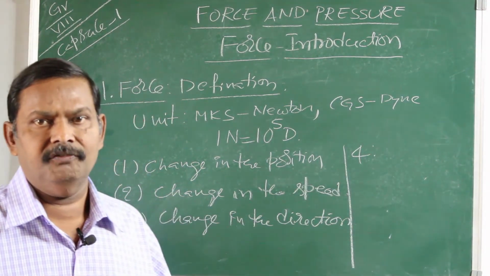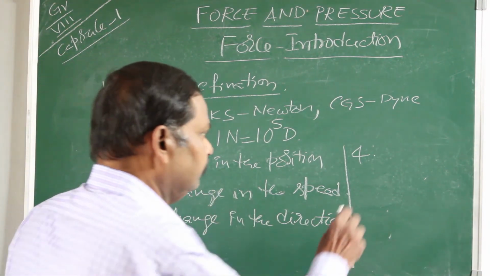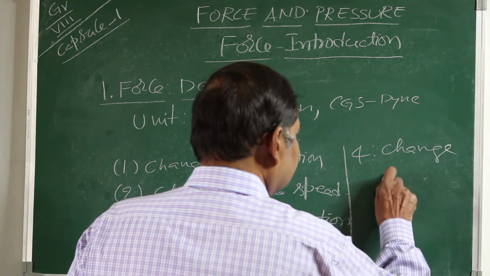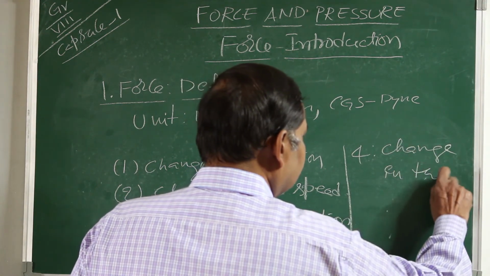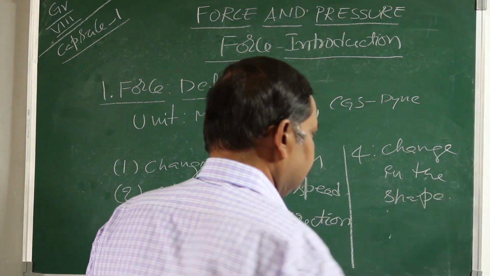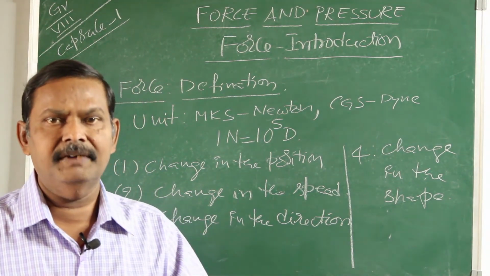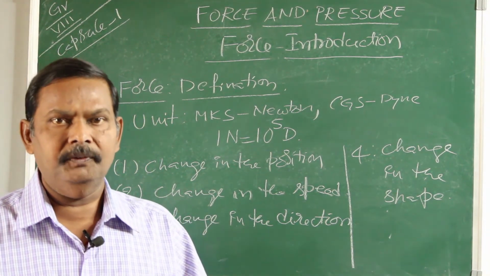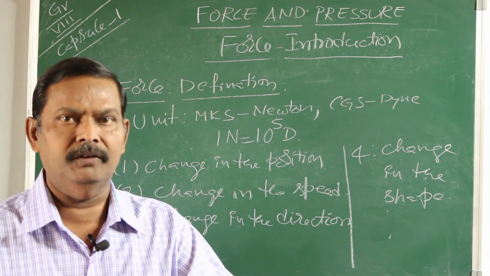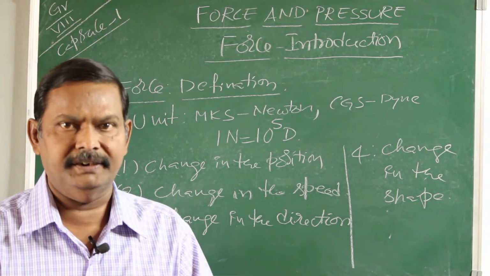The fourth effect of force is change in the shape. Force can change the shape of the body. Suppose a goldsmith has a gold coin and he beats the coin with a red hot hammer.